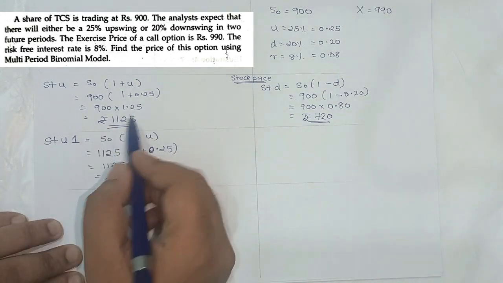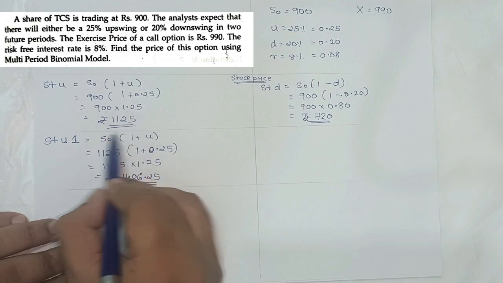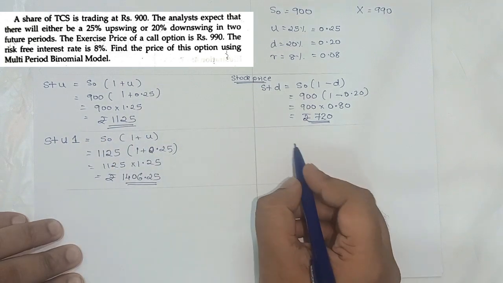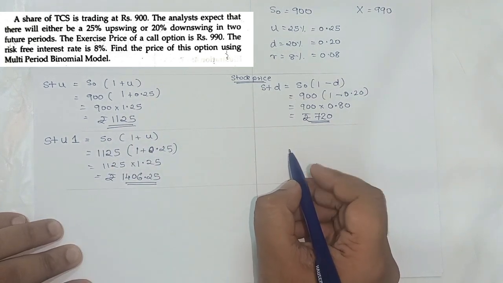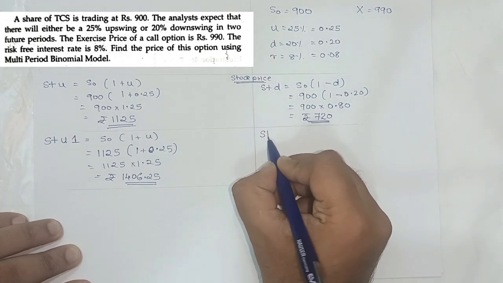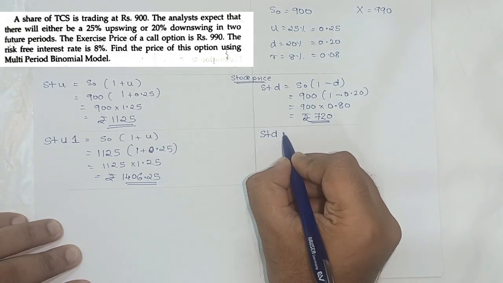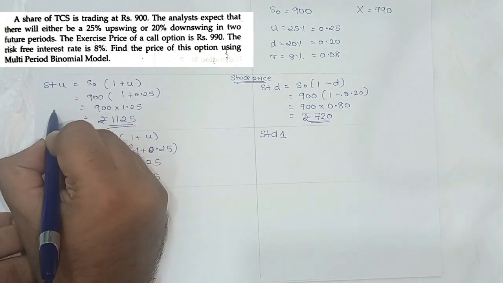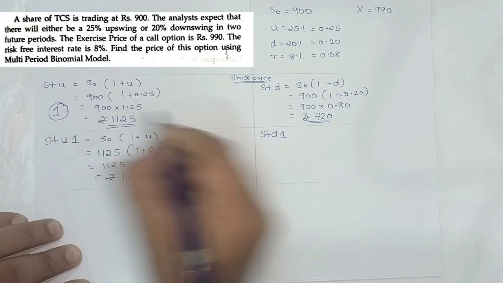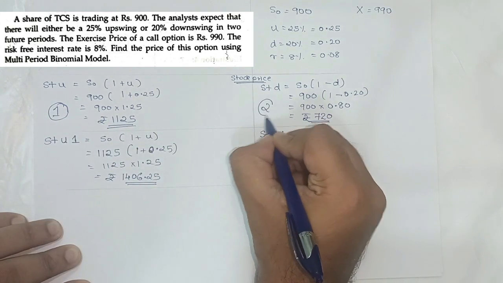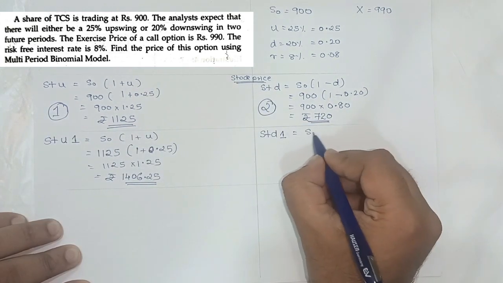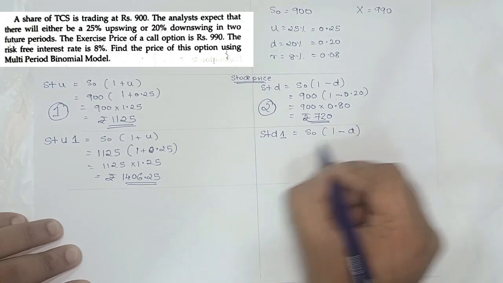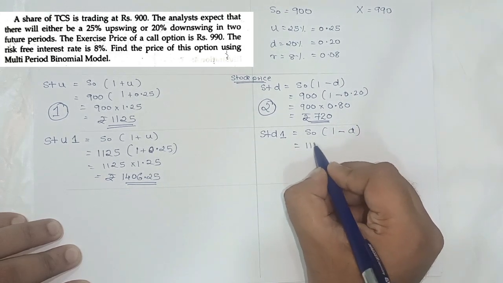But what if after an upswing in the first year, for the second period there is a downswing, then what? We'll note that down as STD1. For the first part, this is my one, this is my second. Again spot price times 1 minus D, spot is now again 1125.